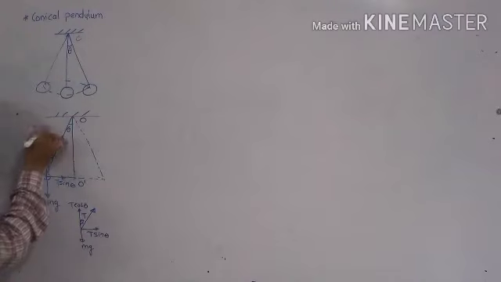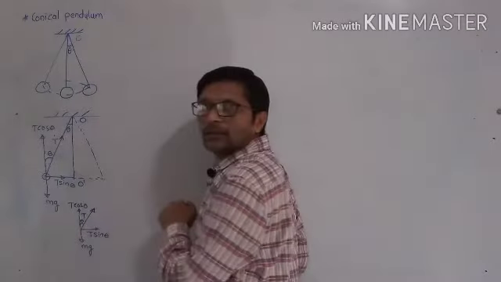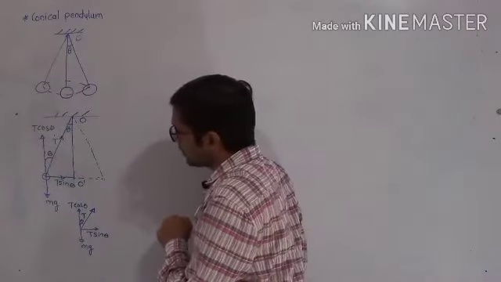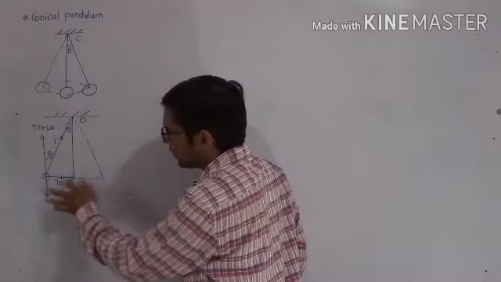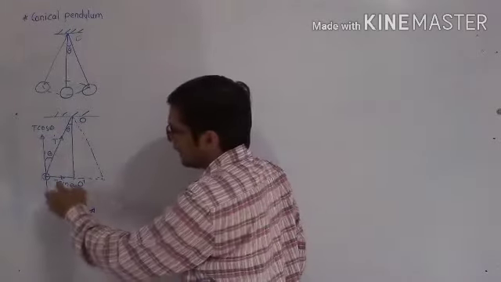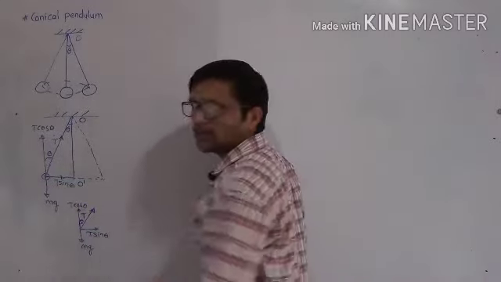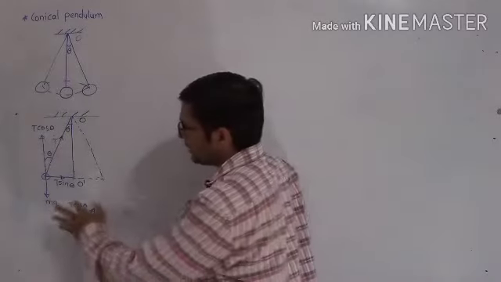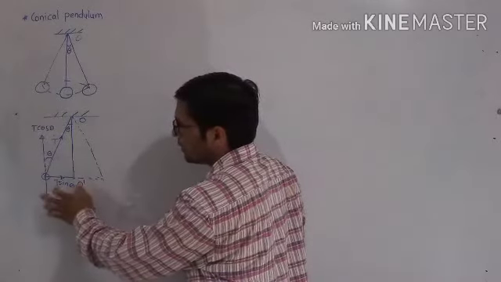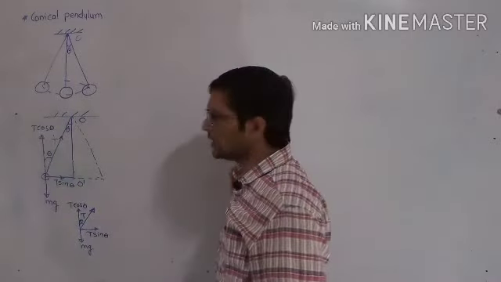Now we learn that as the spherical bob is performing the uniform circular motion, the force which is acting towards the center along radius is called the centripetal force. This T sin theta component is acting towards the center along the radius. It means that it plays the role of the centripetal force.